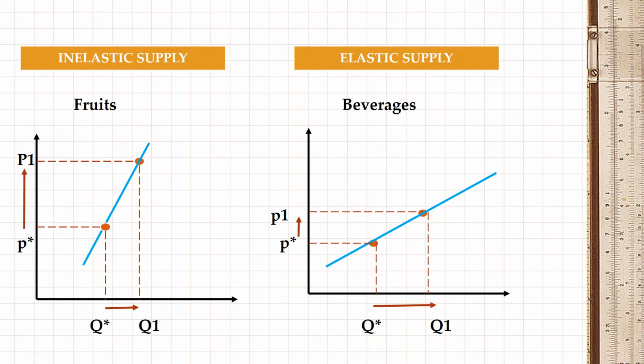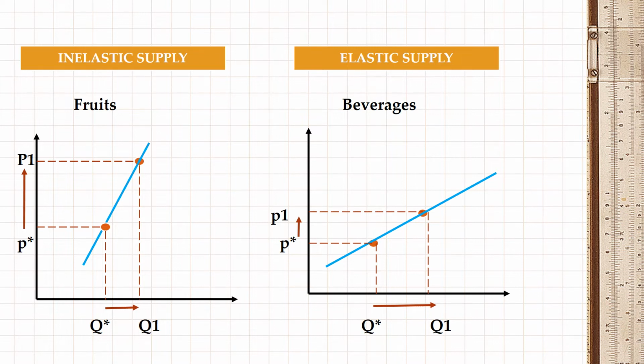Generally, agricultural goods like fruits, vegetables, poultry, dry fruits, nuts, wheat, rice, all these commodities take a lot of time. So you cannot just quickly increase or decrease supply if the price of any good is rising. It takes time for them to grow, develop, harvest, and all that process. That's why the supply curve for agricultural commodities is inelastic, because suppliers cannot react immediately to changes in price level.